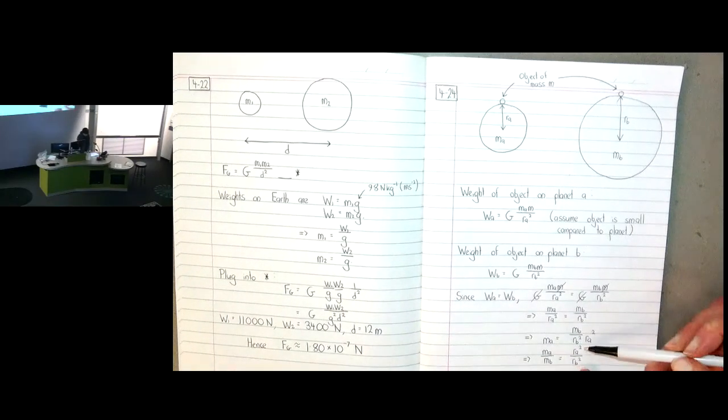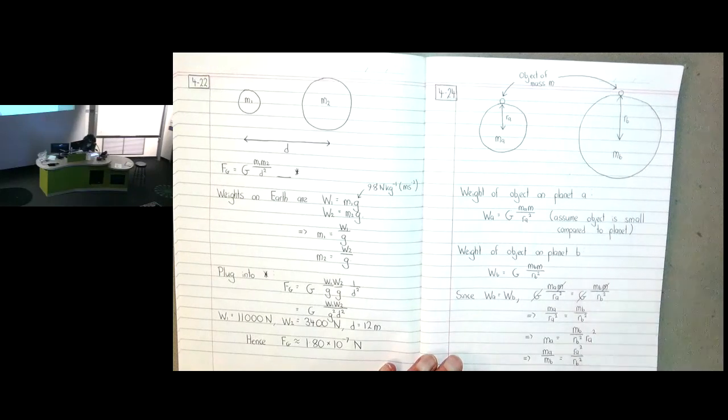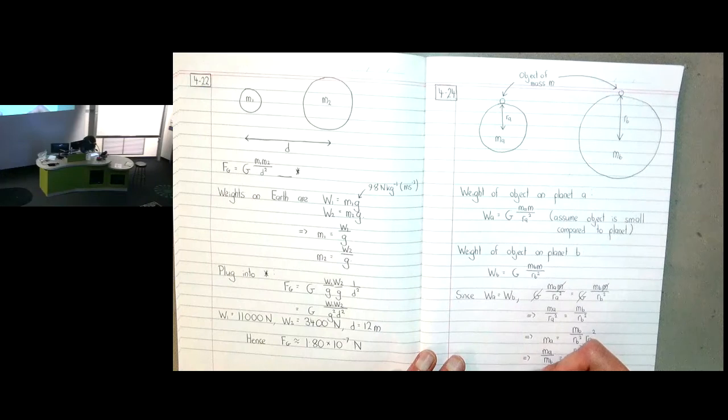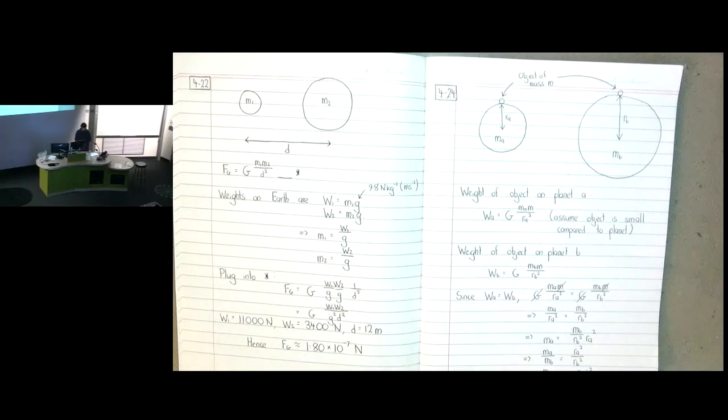And when we have a fraction in which the numerator and the denominator are both being squared, we can introduce a set of brackets and just square the whole fraction in one go. So we could equally write this as a fraction, so the ratio of the two radiuses in brackets with a little square, like that.